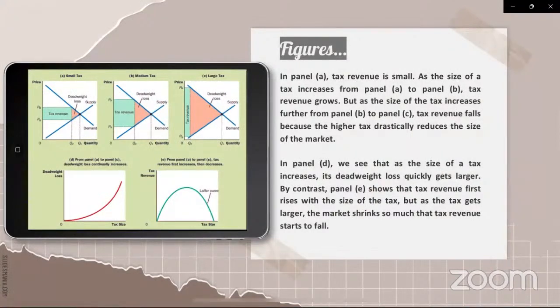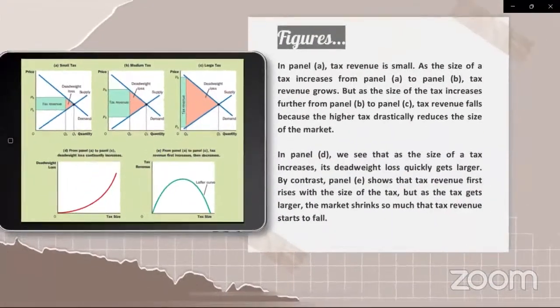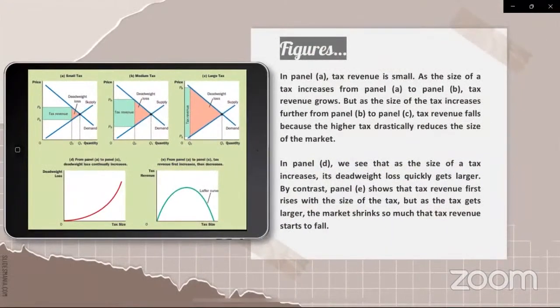As the size of a tax increases from panel A to panel B, tax revenue grows, but as the size of the tax increases further from panel B to panel C, tax revenue falls because the higher tax drastically reduces the size of the market.